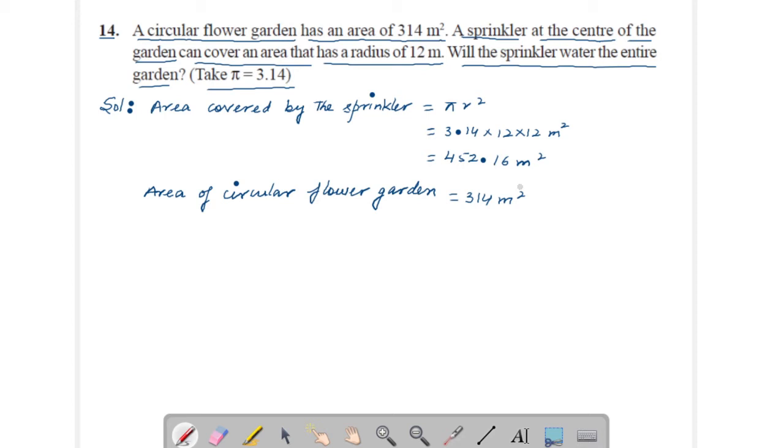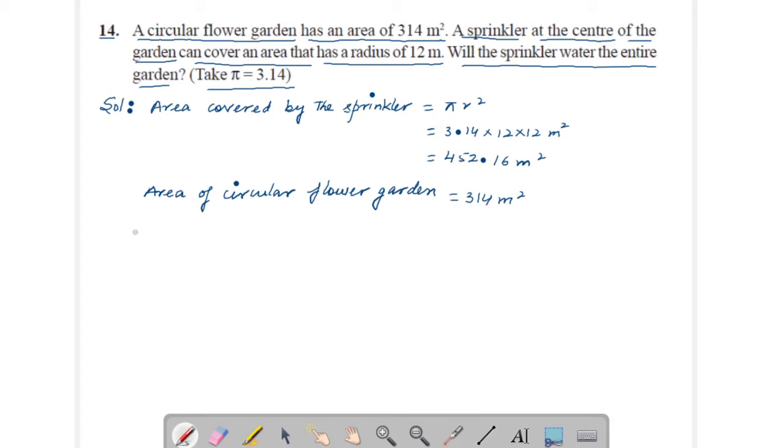If we compare these two areas, what do we observe? The area of circular flower garden is less than the area covered by the sprinkler. It means the sprinkler waters the entire garden.